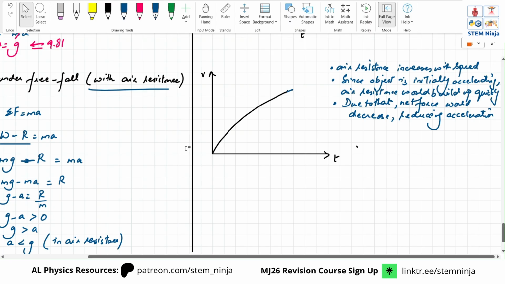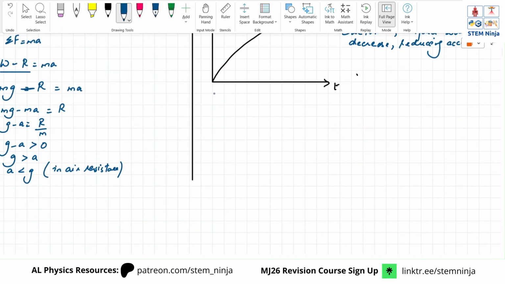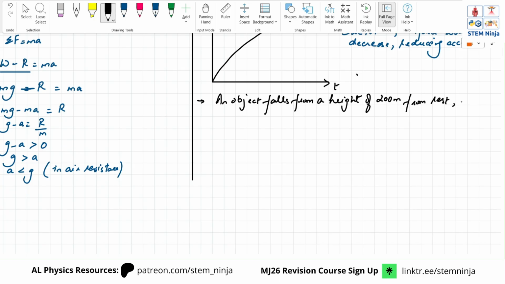An important question that comes up, let's say an object is falling in air. So an object falls from a height of, let's say, 200 meters from rest, and another identical object falls from the same height, sorry, in air.